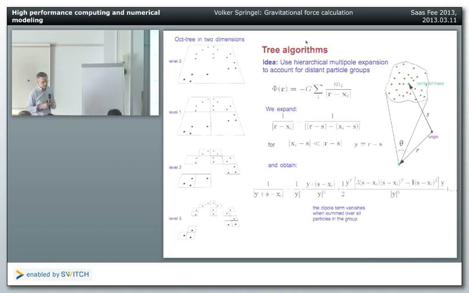And if this opening angle is small enough, in other words, if we think that the multipole expansion is sufficiently accurate, then we use it, and then we are done. We have accounted for all the force from this mass. If the angle is still large, we have to subdivide the group and look at all its daughter groups.